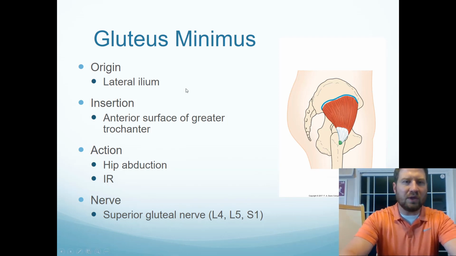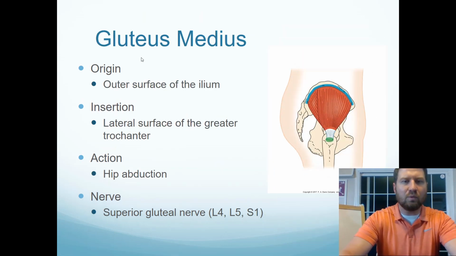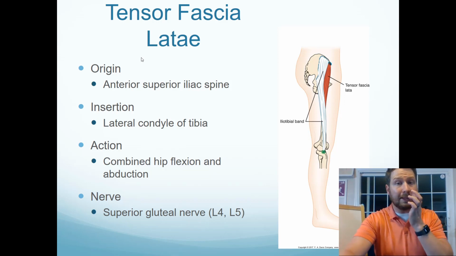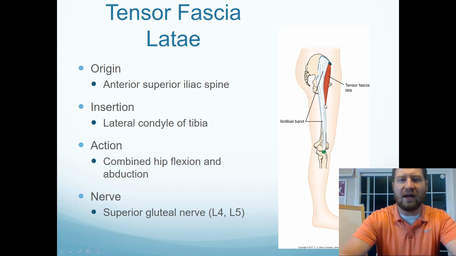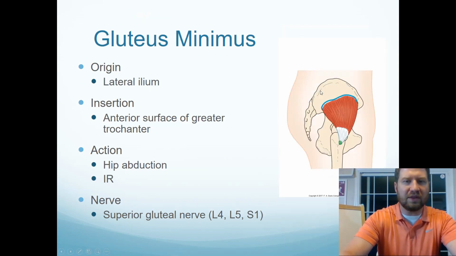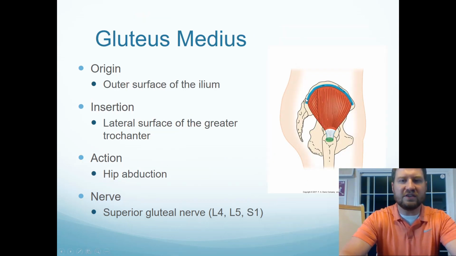If our glutes are weak, if our glute max, glute min, and glute med are all weak, our body's going to rely on our tensor fascia lata and the IT band to provide that stability. What happens when our body relies on that for stability? We start to get greater trochanteric bursitis. So treatment for that is going to be increasing the strength of our butt and of our two lateral muscles, gluteus medius and gluteus minimus.